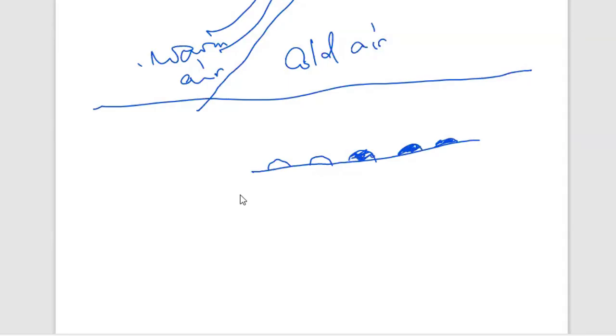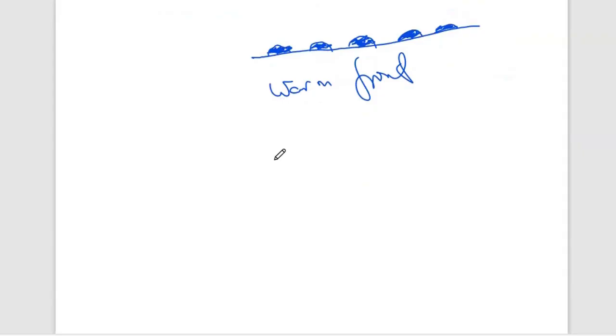The semicircles on a straight line. That is how a warm front is indicated on a synoptic map. So whenever you see this, it means there is a warm front. Warm front meaning to say there is warm air which is trying to advance into an area with cold air.